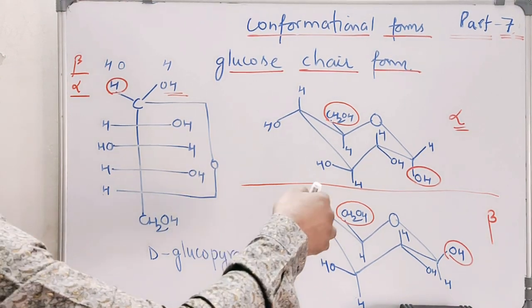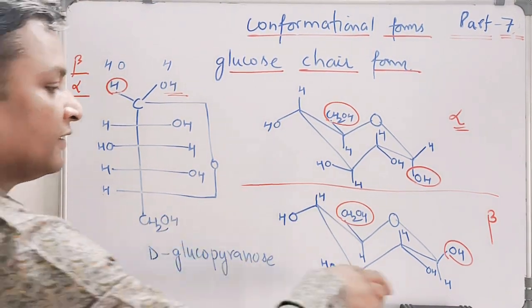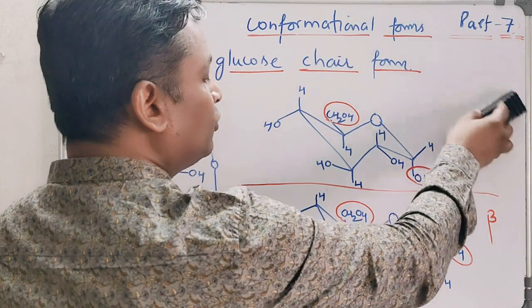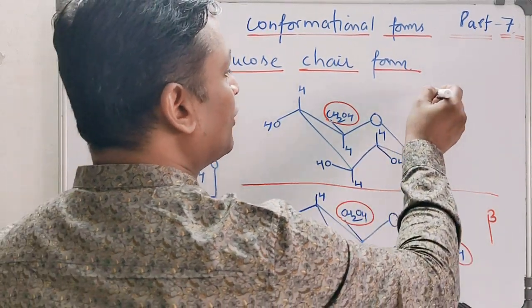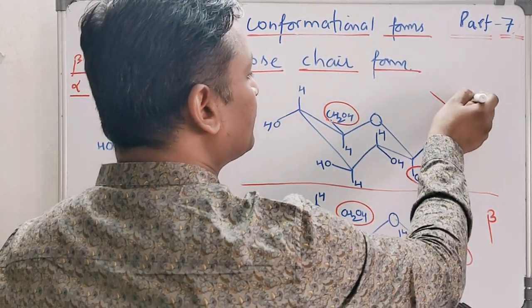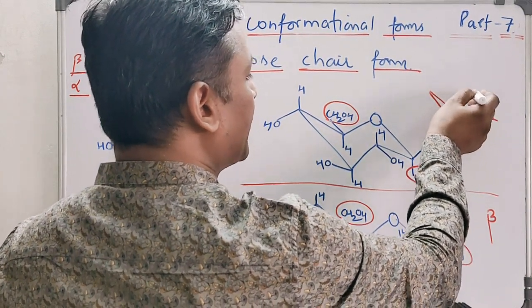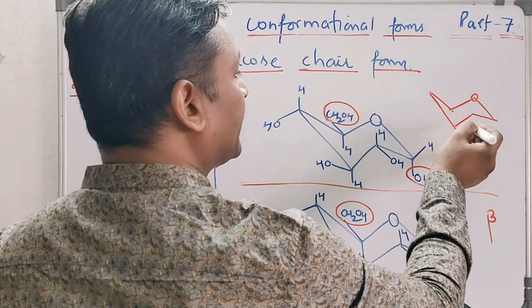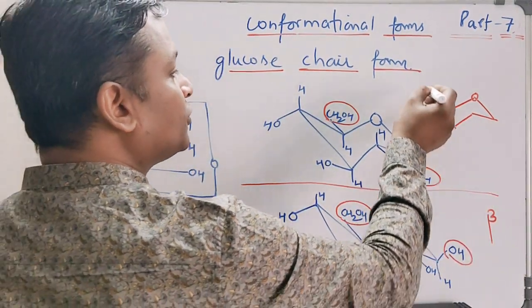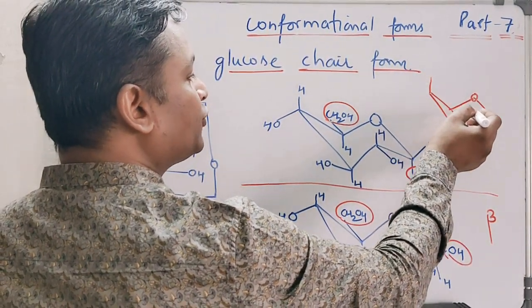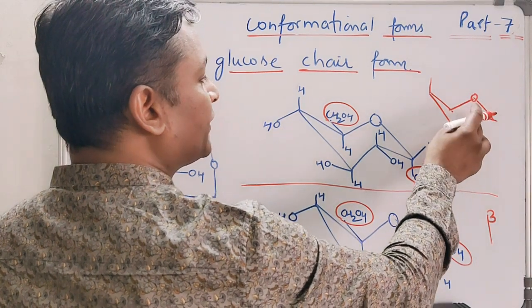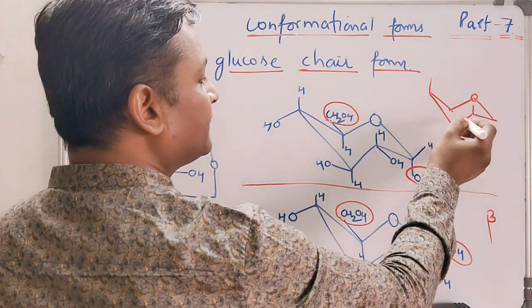For writing any chair form, you must know the configuration of the different bonds. Only then can you write the right structure. This is the pyranose form, and we write the pyranose chair form. Before that, you should know the right configuration of each chiral center.